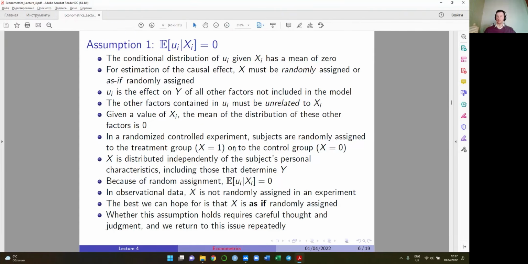And how should we deal with this assumption? Usually it requires careful thought and judgment. It is not verified mathematically, or it is almost not possible to verify this mathematically. We will talk about some potential signals that this assumption doesn't hold, but usually it is not from mathematics. It's from your knowledge of the field.